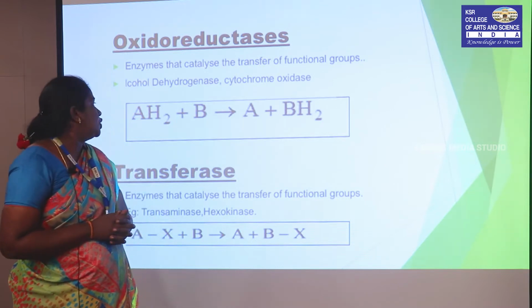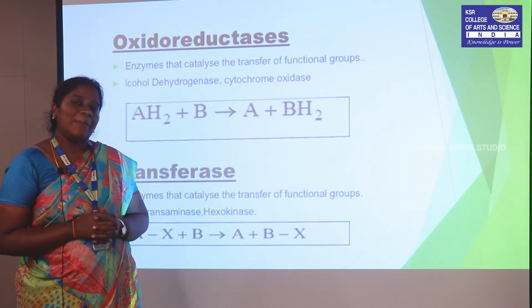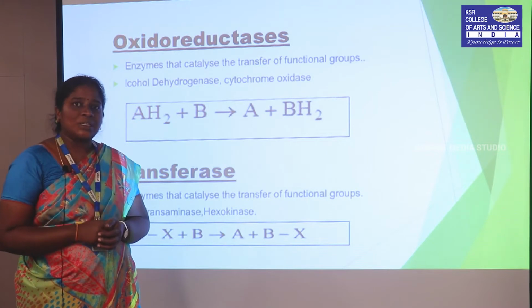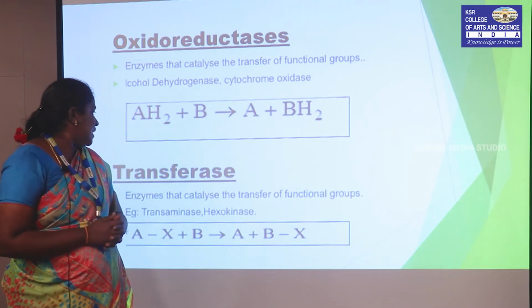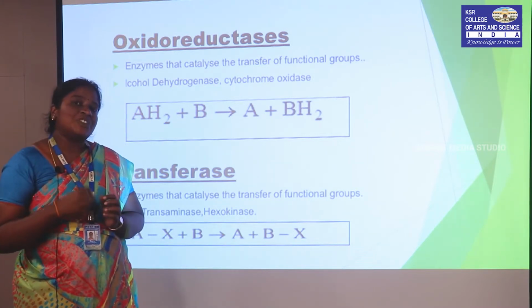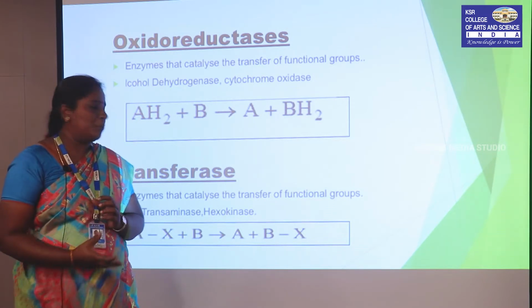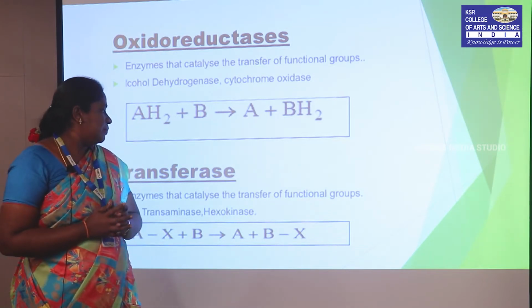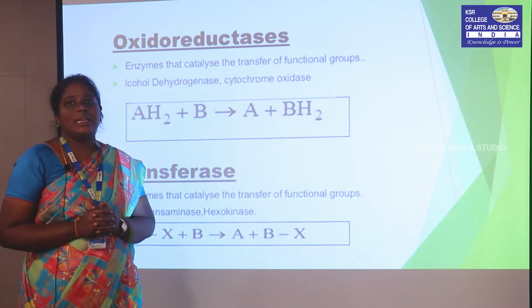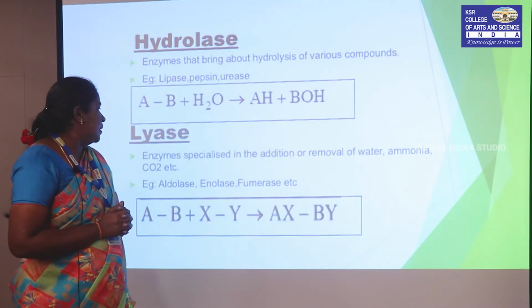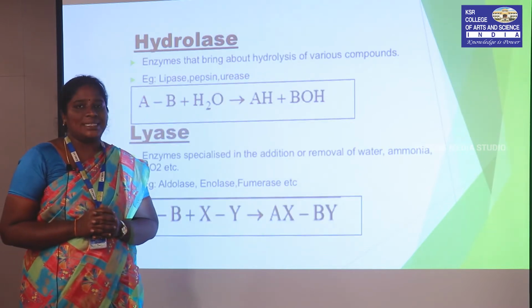Here AH2 plus B gives A plus BH2. This is oxidoreductase. Next, transferase enzymes catalyze the transfer of a functional group. AX plus B gives A plus BX. For example, aldolase, enolase.